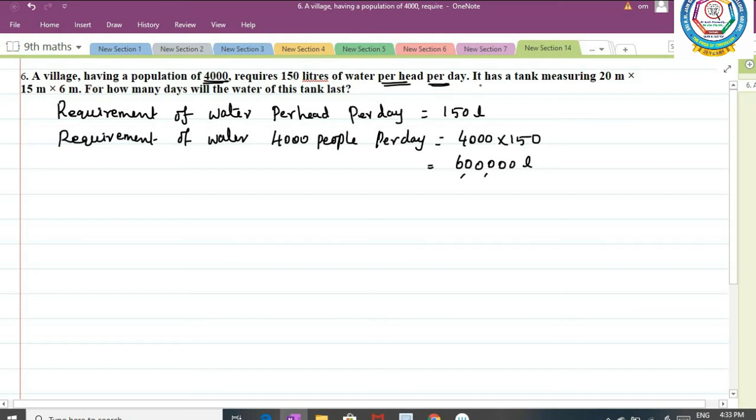But the tank measurement is given. What is the tank measurement? 20 meter, 15 meter, 6 meter. So we have to find out the capacity of the tank.